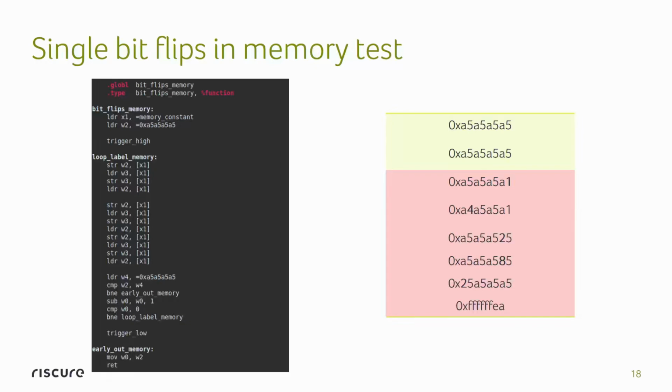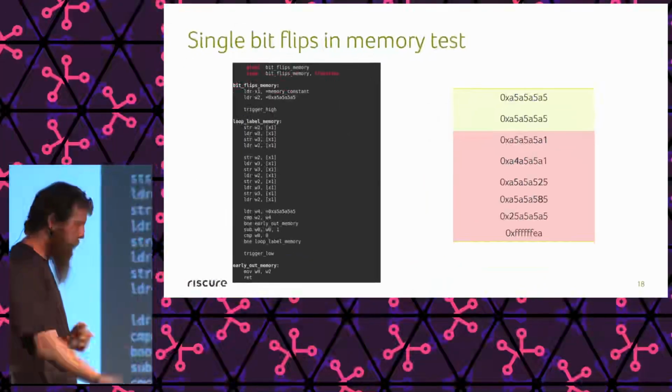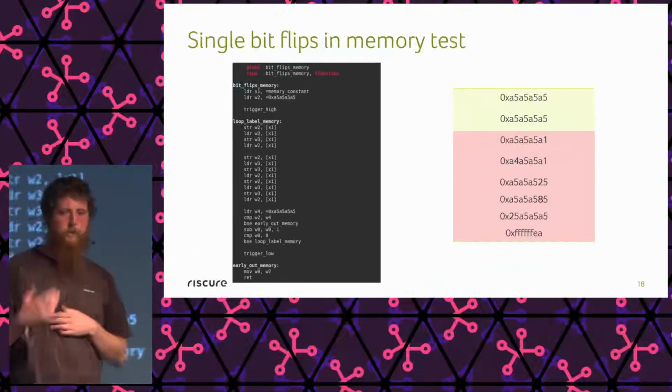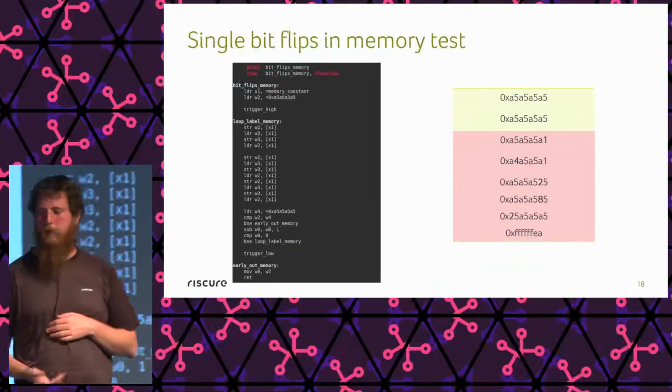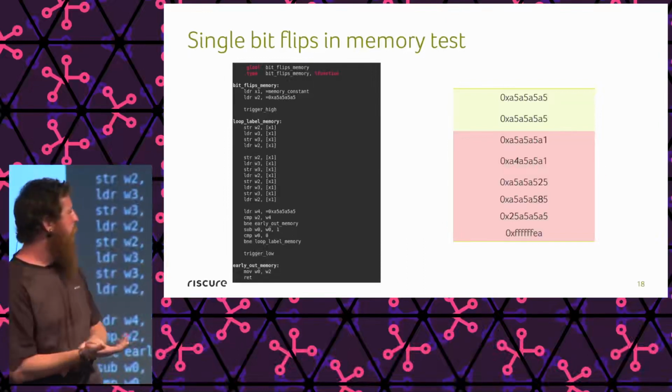Similarly to before, we can see on the left some of the results that we obtained. The normal response, as I mentioned, the green stuff on the top, is just that A5, A5, A5 constant. And then in the red part below, we see some of the more interesting ones. We said we were interested in seeing if we can have precise single bit flips, be it on the data that's being used or the instruction stream itself.